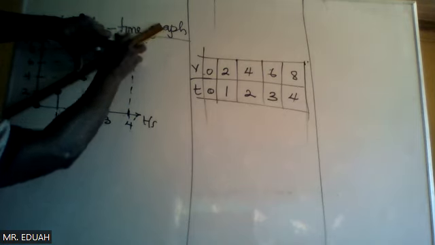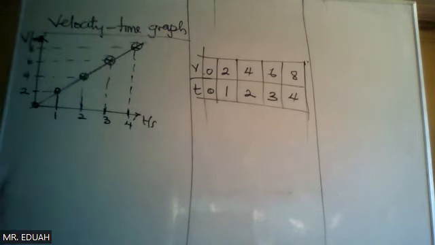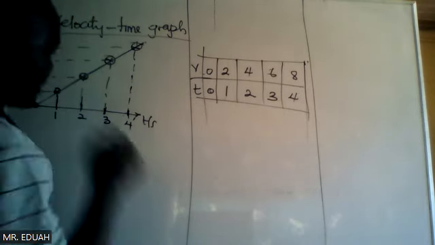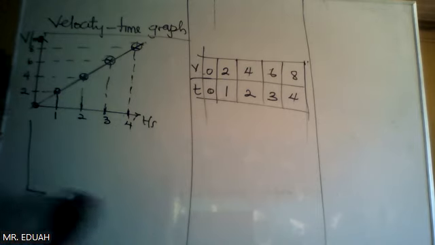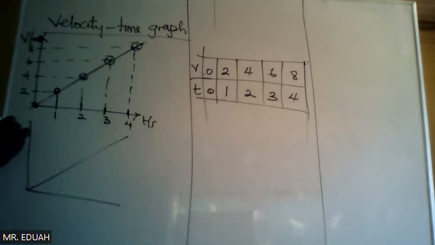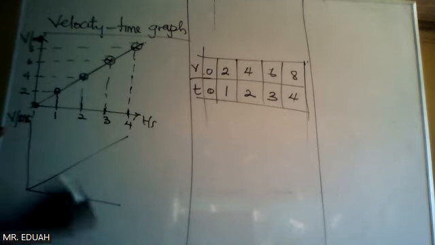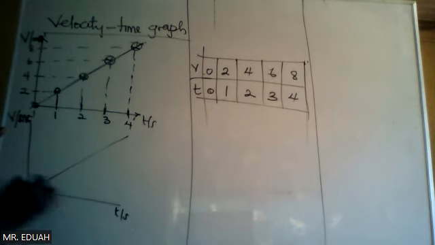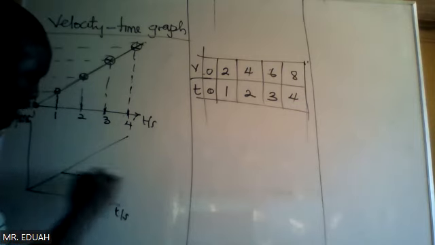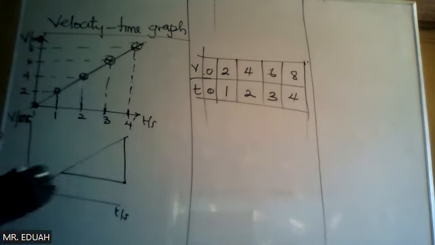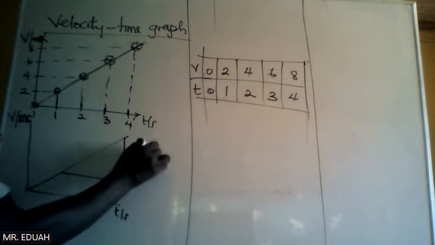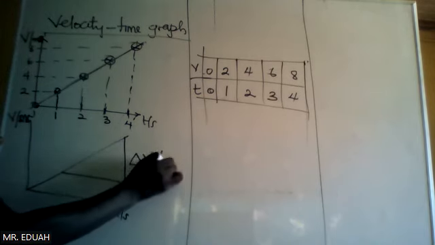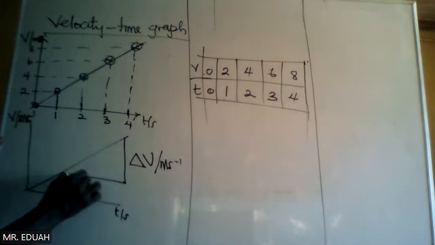Where we have a straight line. This straight line, what deduction can we make out of it? This is velocity time graph. The slope of a velocity time graph, delta v, meter per second, over delta t.